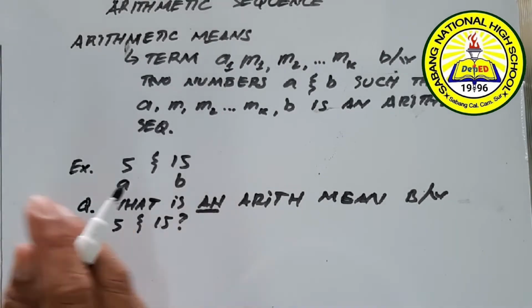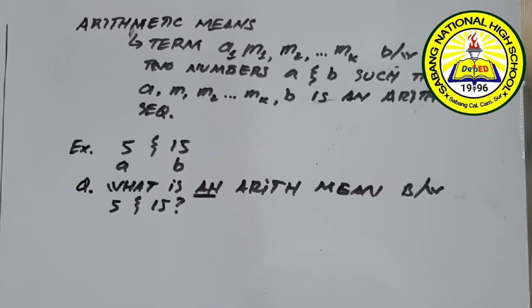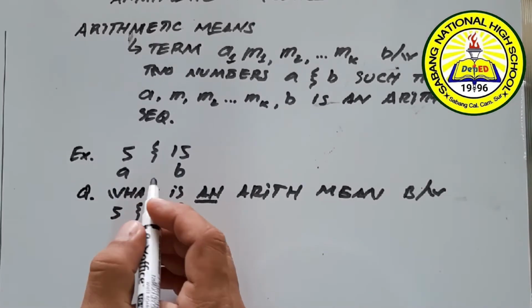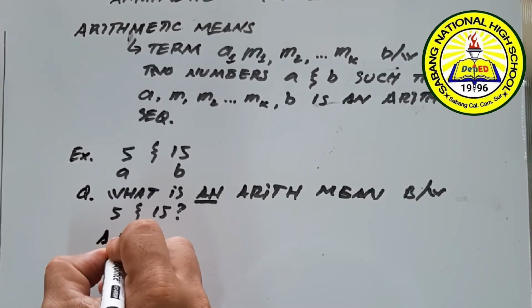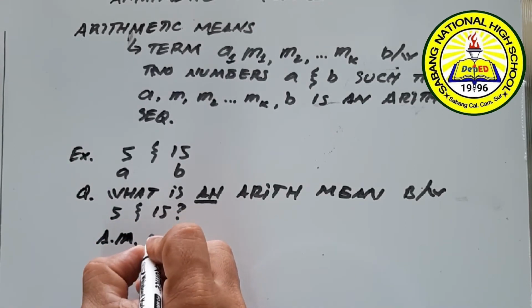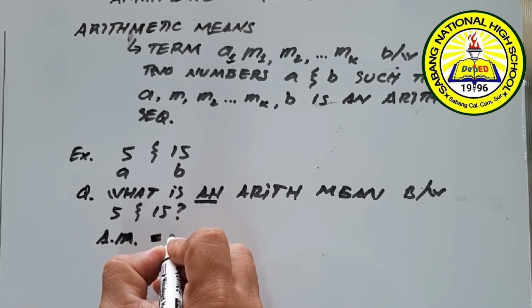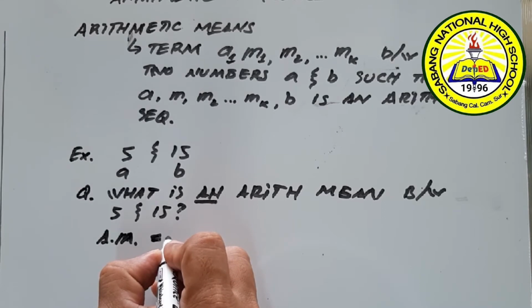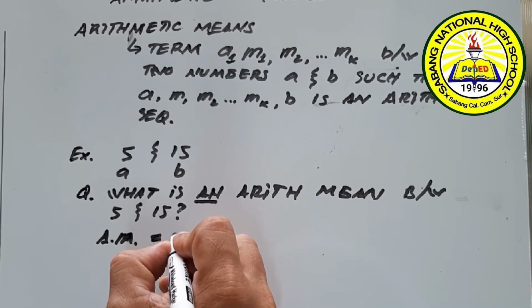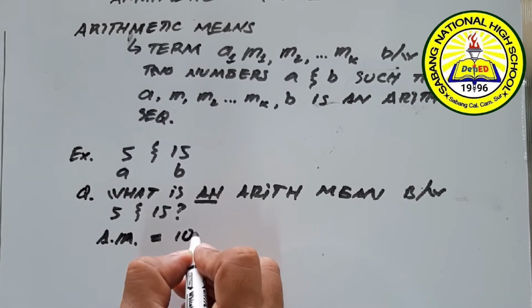If we are going to find that number between 5 and 15, instinctively we know, let us just symbolize arithmetic mean by AM, from elementary, that the number between 5 and 15 is 10. Right?